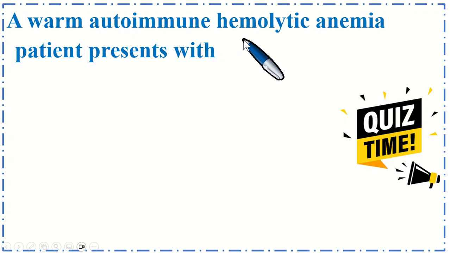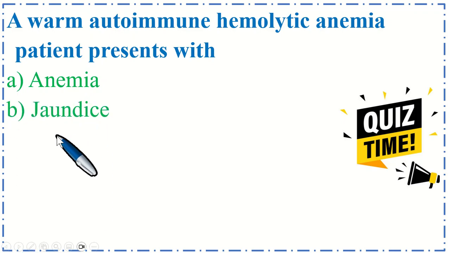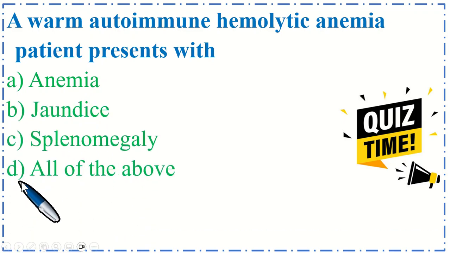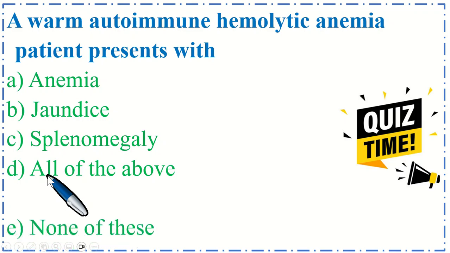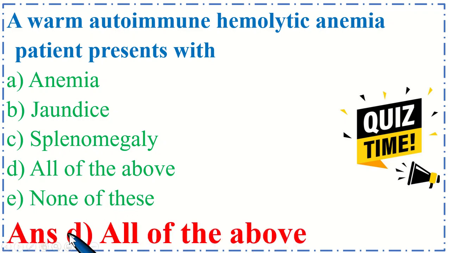A warm autoimmune hemolytic anemia patient presents with option A anemia, B jaundice, C splenomegaly, option D all of the above, and option E none of these. Correct option is D all of the above.